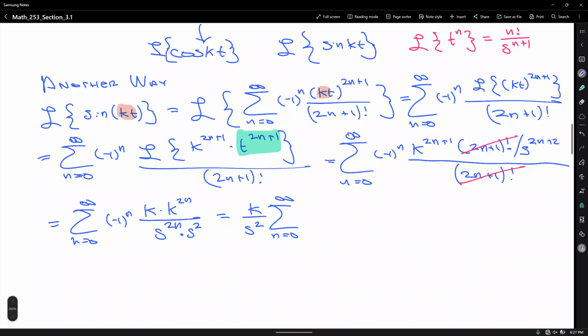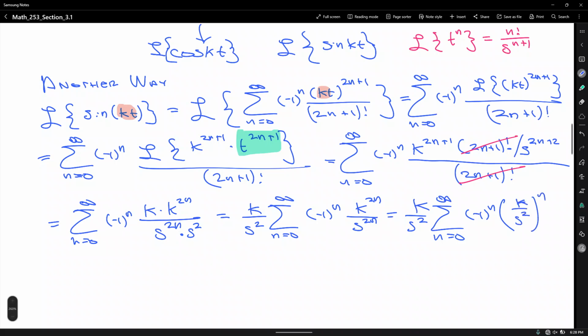And that is, check this out. This will be (-1)^n k^(2n) over s^(2n), which is k over s squared times the sum from n equals 0 to infinity of (-1)^n. Do you guys agree that this is the same as k over s squared to the n power?